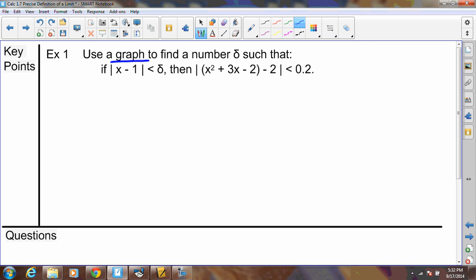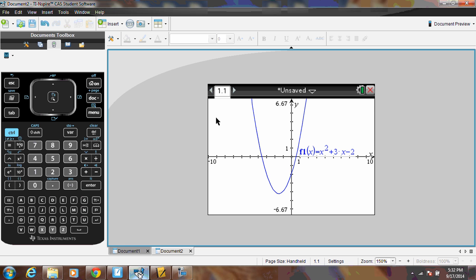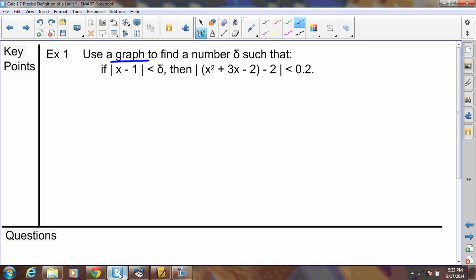Now, I have it set up where I've already started putting this piece into my TI Nspire. You'll note the function is already graphed. If you're using a different calculator, by all means, pause the video, get it typed in. If you're using Nspire, pause the video, get it typed in. But we'll continue here. The major feature that we're noting is our distance away from 2.